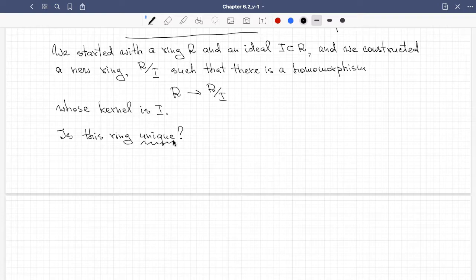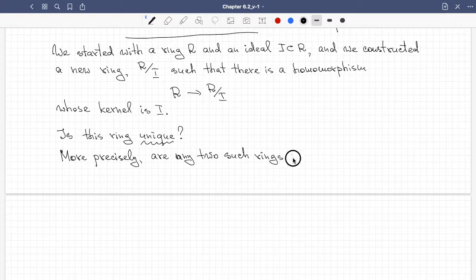So, more precisely, are any two such rings isomorphic?